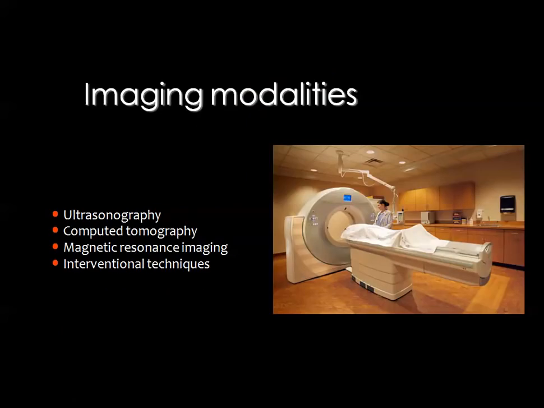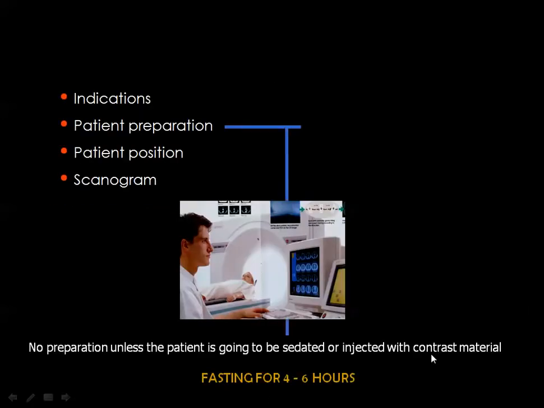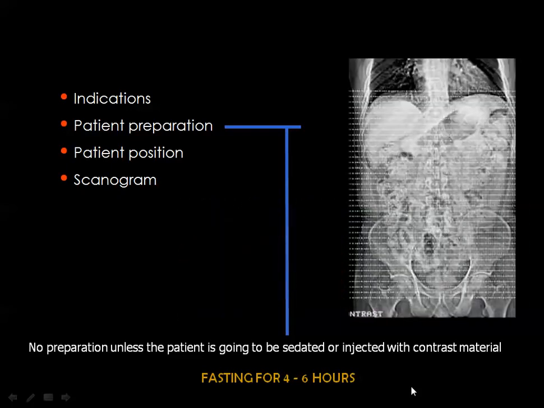As I mentioned, you can examine the adrenal gland by ultrasound, by CT, by MRI, and we may have some of the interventional techniques, like you may have a CT-guided needle biopsy, for example, from a suspicious adrenal mass. Then there is no special preparation for evaluation of the adrenal glands by CT or by MRI or by ultrasound.